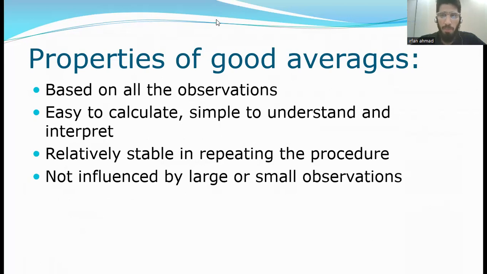If you repeat the procedure from the left side or from the right side, the main interpretation doesn't change. These are the main properties of a good central tendency. It is not influenced by larger or smaller observations, so a good average is not influenced by smaller or higher values.